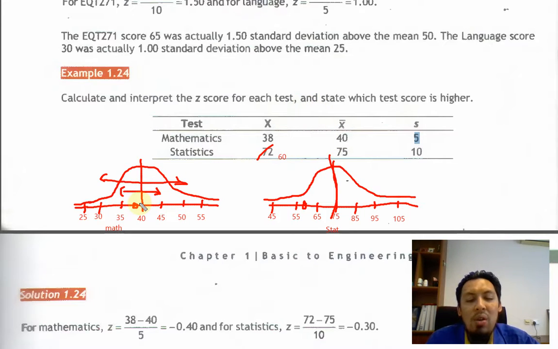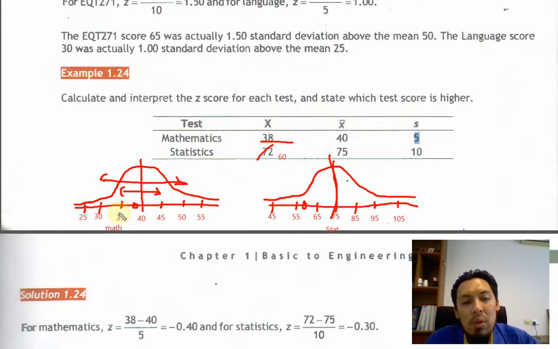Meaning that you are no less compared to your friends, even though you scored 38. There is around 50% of others that are as bad as you. So maybe it's not your problem. Maybe the problem lies on the test itself, maybe on the one who actually teaches you. So that is how you see it.